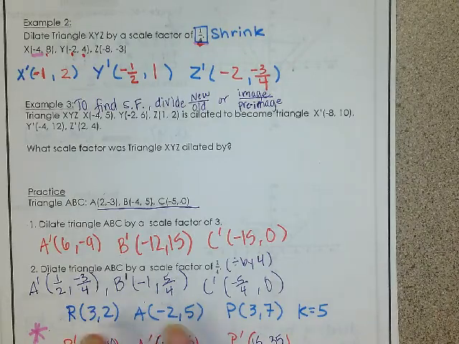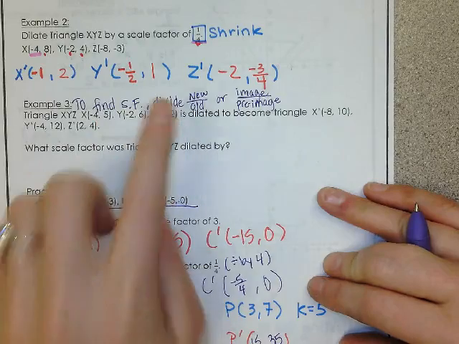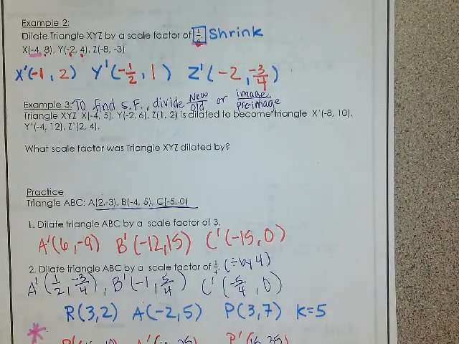Remember we multiplied the x and the y, right? So it doesn't matter if you choose the x or the y. And your scale factor will never be negative. So let's just pick, do you want to choose x, y, or z? You want to choose y.